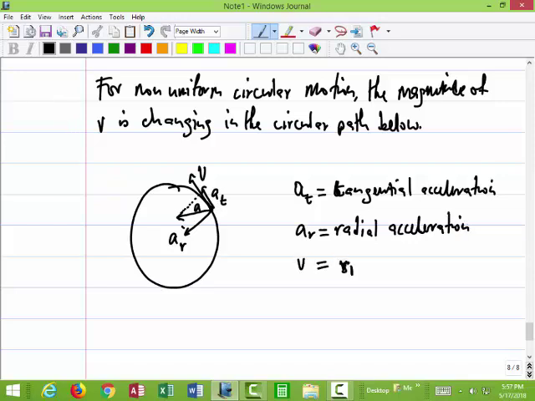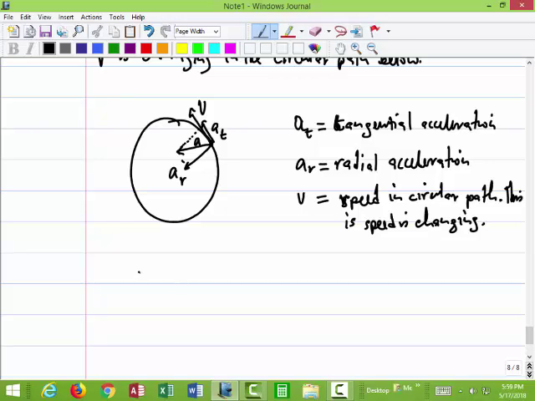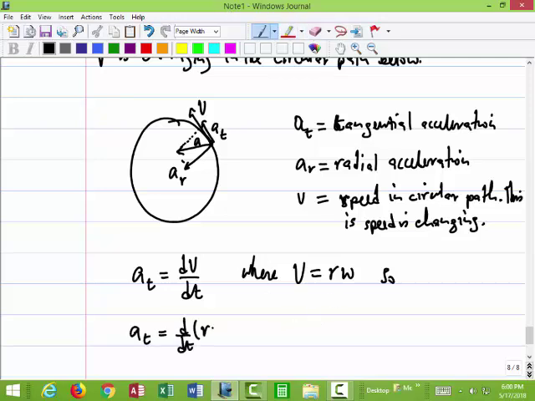v is the speed in the circular path, and it is changing. Since the speed is changing, tangential acceleration is equal to dv dt, where v is the speed in the path. Since v is equal to r omega, a tangential is equal to d dt of r omega, which can be written as r d omega dt, which is equal to r alpha.